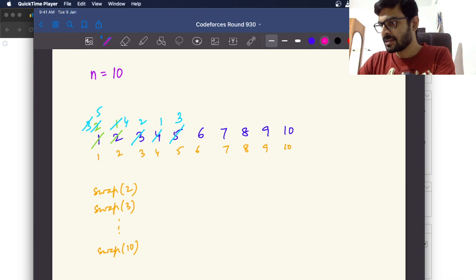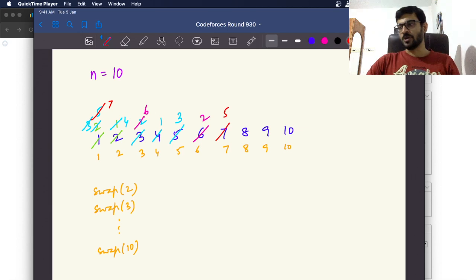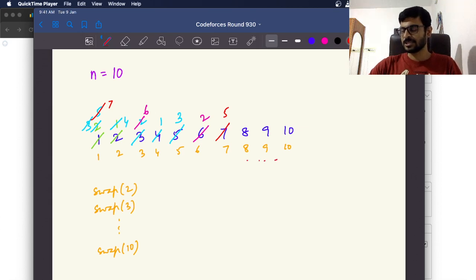And at 6 we have 3 as the greatest divisor, so it becomes 2 and this becomes 6. Similarly it continues for 7 again with 1, so 7 and 5. And so on.